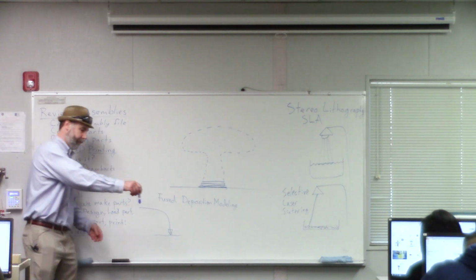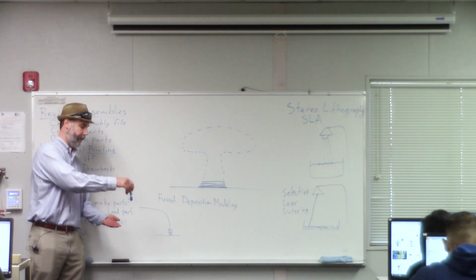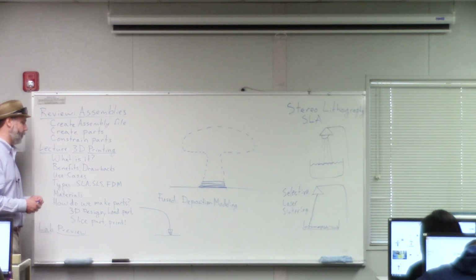So it basically goes around and squirts out the shape of one layer, and then moves up slightly and squirts out the shape of the next layer, and that's how it works.